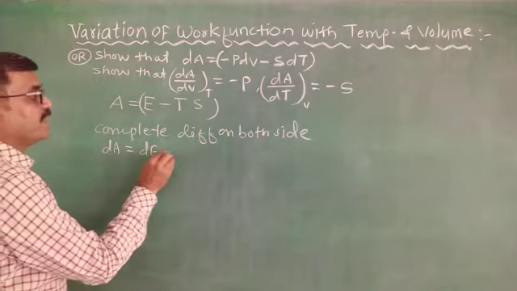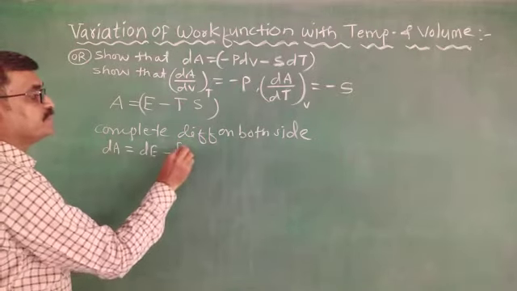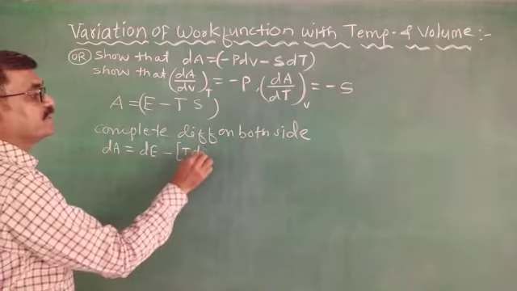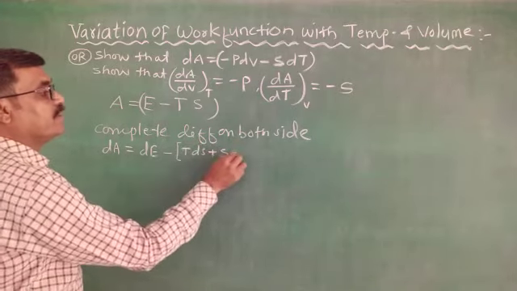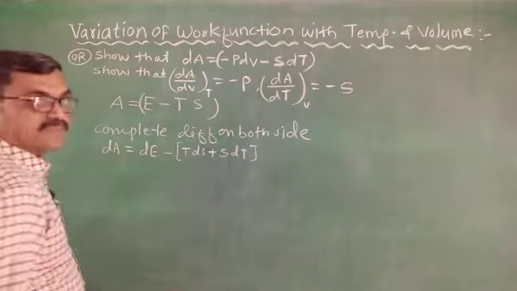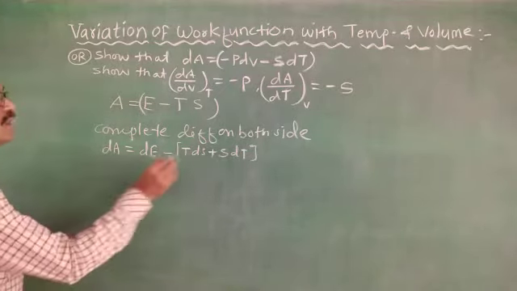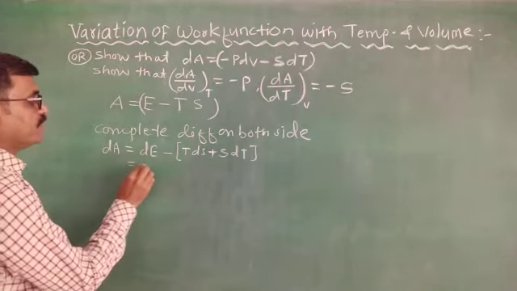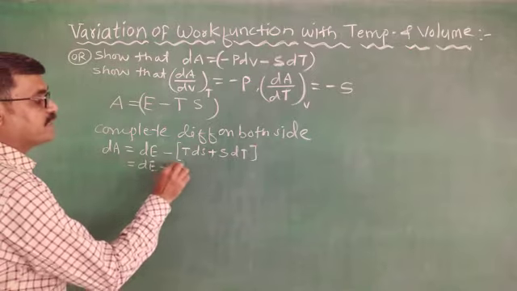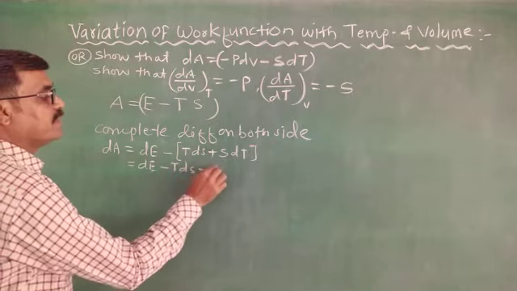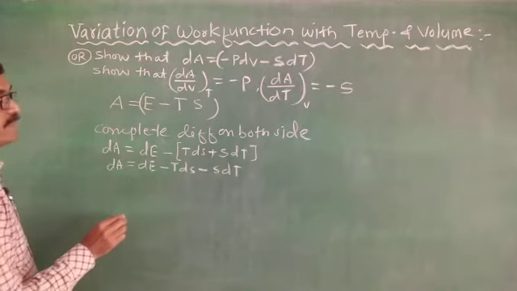That's why minus. So dA is equal to dE minus TdS minus SdT.